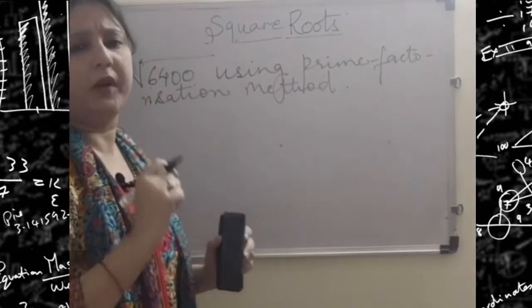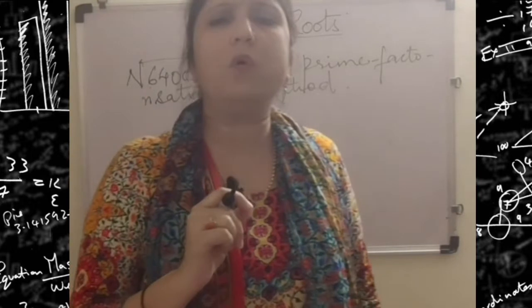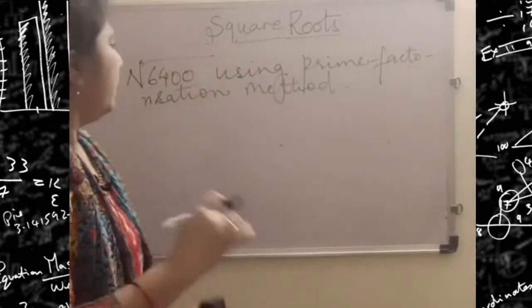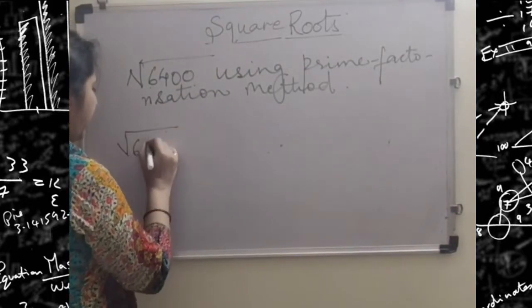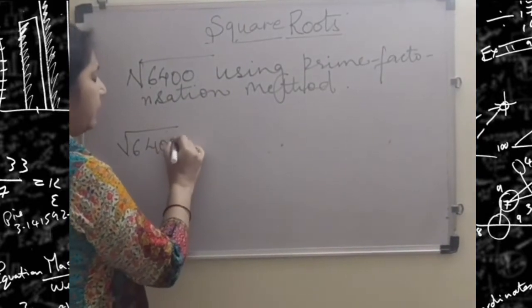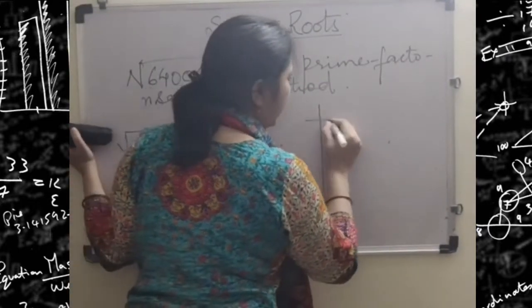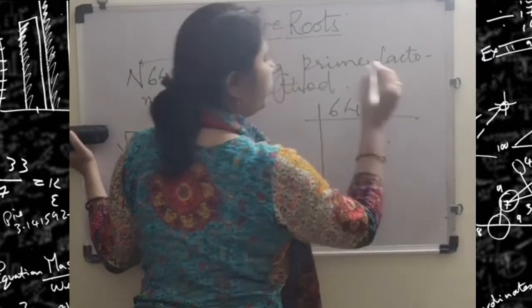Children, enjoy solving these questions. You will find no problem at all. Now, in finding square root of 6400 by prime factorization method, we take help of prime factors. That means first we will do prime factorization of 6400.